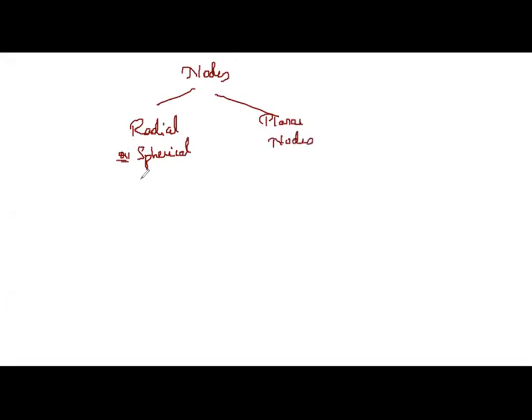Number of radial nodes is n minus L minus 1. Number of planar nodes is L. Total nodes are n minus L minus 1 plus L. So minus L plus L gets cancelled. So total nodes are n minus 1. Correct?